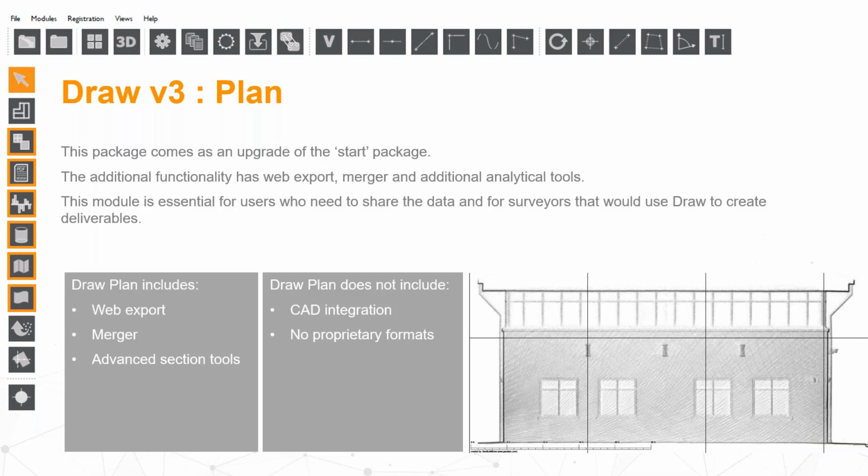Additional functionality here is that you have the web export, you have the tool called Merger, where you can create the floor plans, and you have additional analytical tools where you can unwrap the cylindrical spaces or different structures into the 2D space for measurements. It's more suited for the users that use Draw to create the final products. What Draw Plan does not include is the CAD integration, and it doesn't have all the formats. However, you can use the RCP with the Draw Plan.